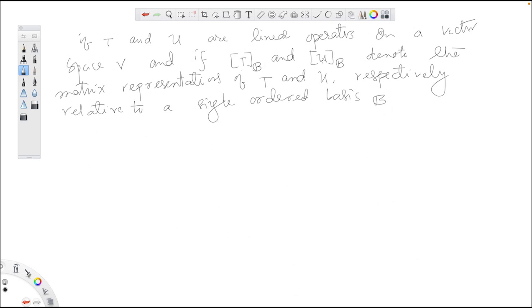Okay, so there are two distinct linear operators T and U on the vector space V, and there is a single ordered basis denoted by calligraphic B of the vector space V, finite dimensional vector space V to be more precise.